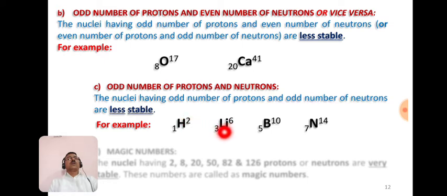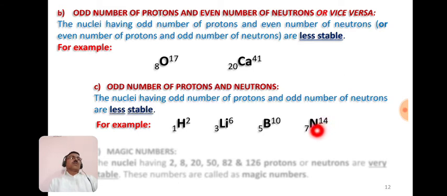This is lithium atomic number 3 and mass number 6, meaning there are 3 protons and 3 neutrons, so it is also less stable. This is boron atomic number 5 and mass number 10, meaning there are 5 protons and 5 neutrons. That's why this boron is less stable, as all protons and neutrons are not in paired form.